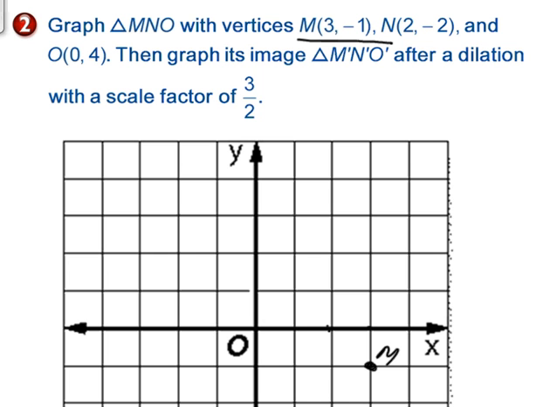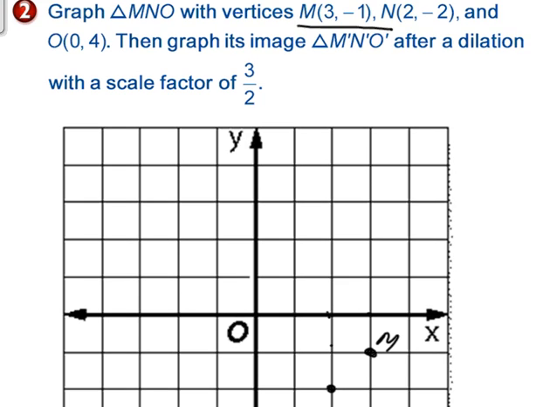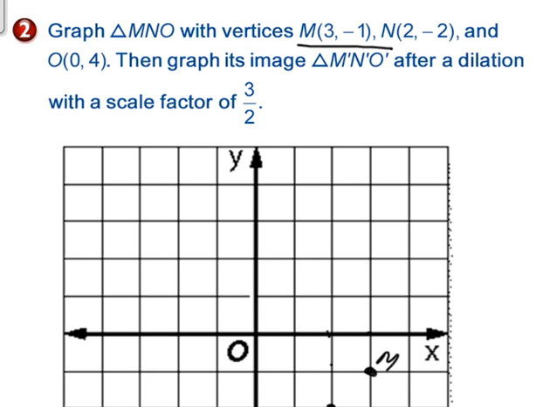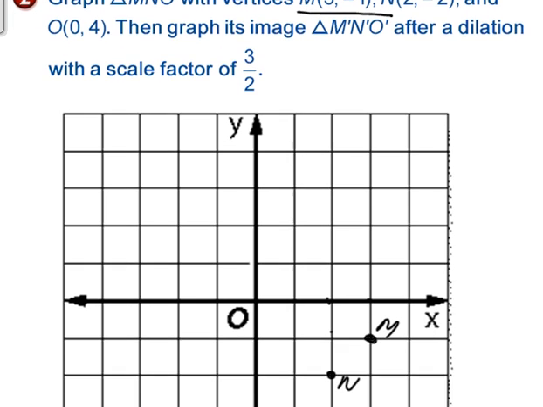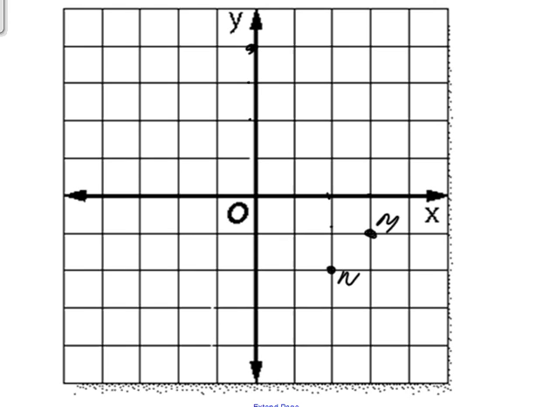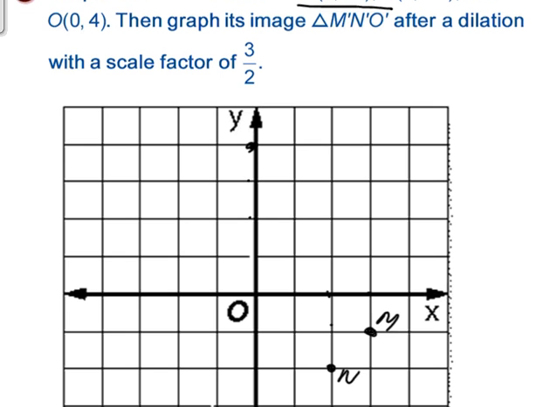So this is point M. Then 2, negative 2, 1, 2, and negative 2. That point is N. And the last point here is 0, 4: 0 and 4, 1, 2, 3, 4. And that point is labeled O. So here's my shape.